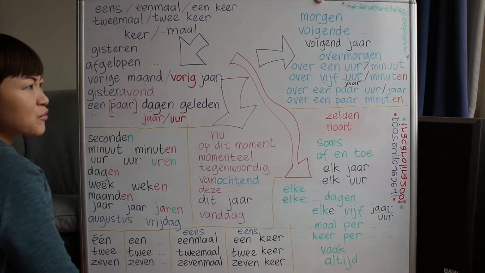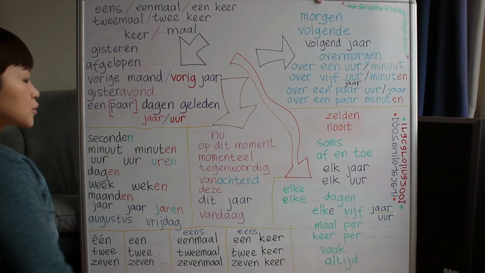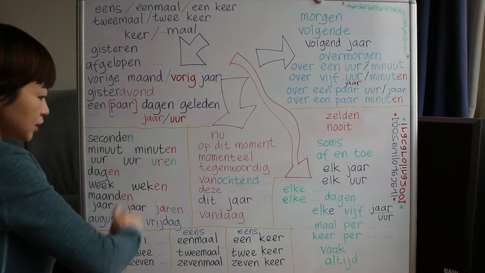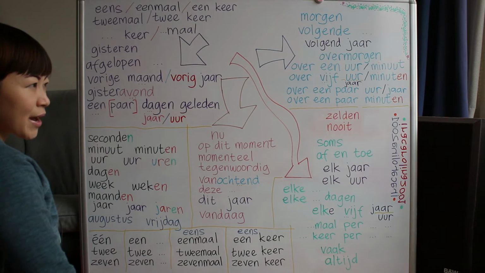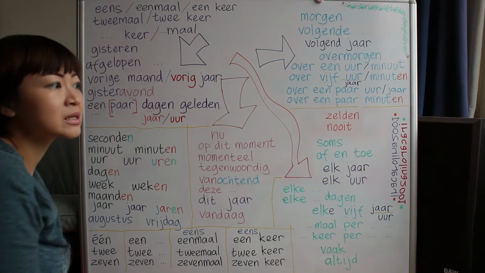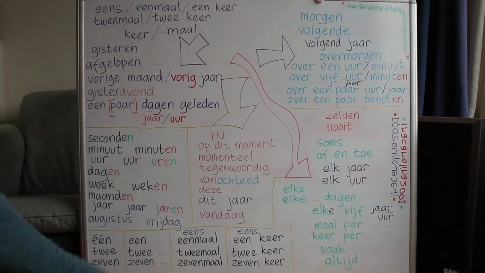We use uren and jaren when we say that it happens for years, it happens for hours. But when we say 5 hours, 5 years, we use uur and jaar.